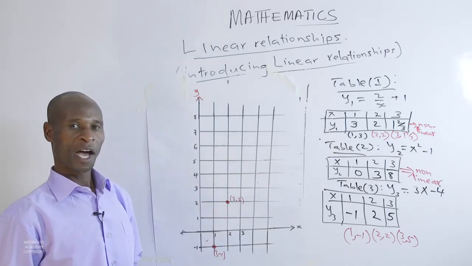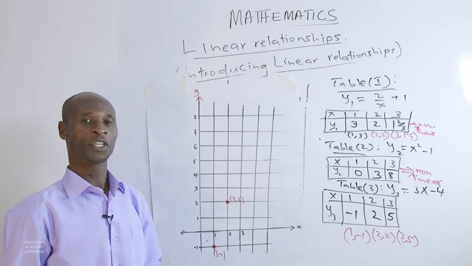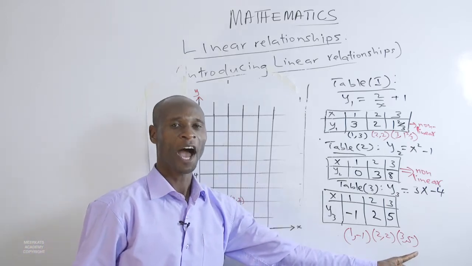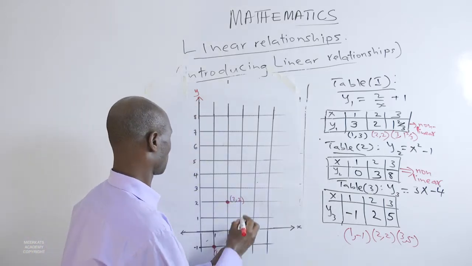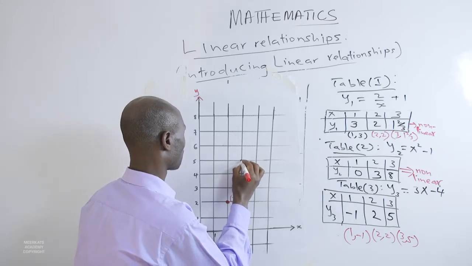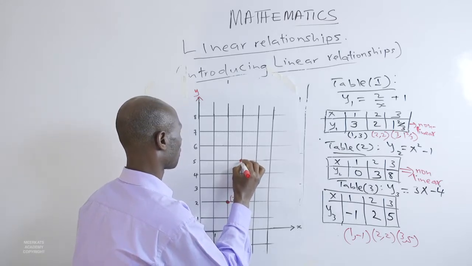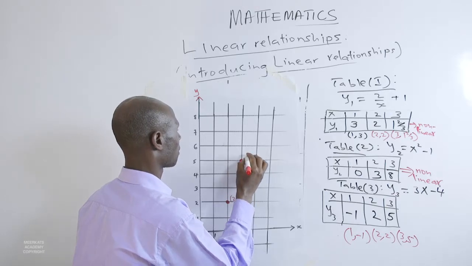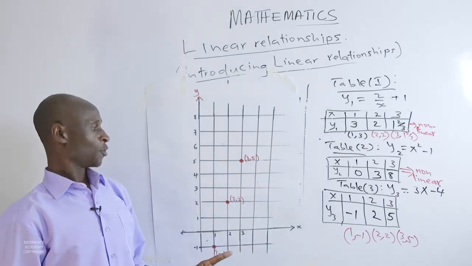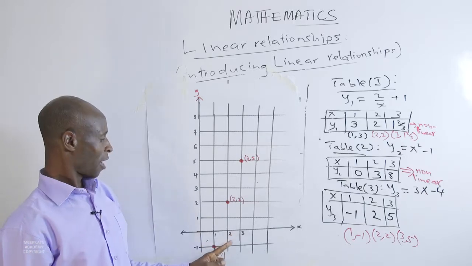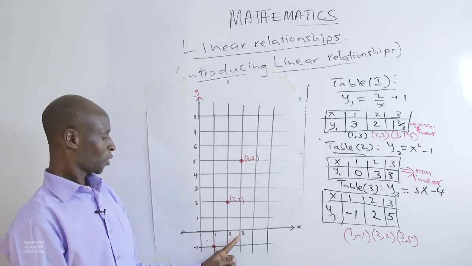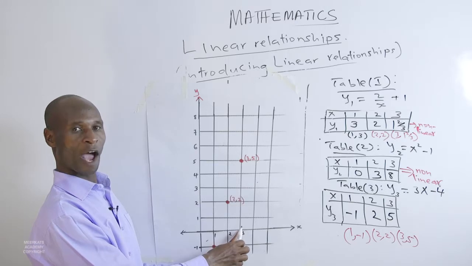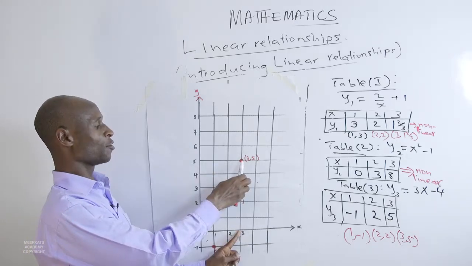Finally, we now plot the last point, which is 3, 5. So the last point has been plotted correctly. The x value is 3 and the y value is 5.